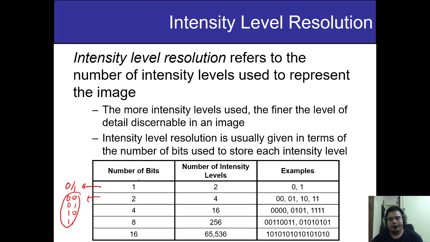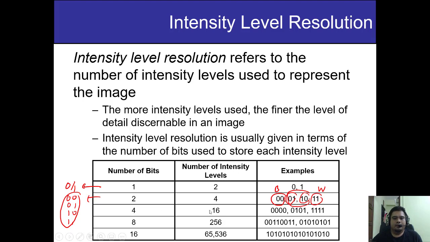Again, the lowest one, which is 00, should be black, and the highest one should be white. So this one is black, this one white, and this gray is darker than this one. Increasing the level increases the intensity of that gray.